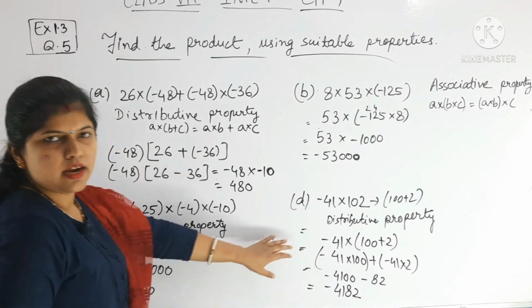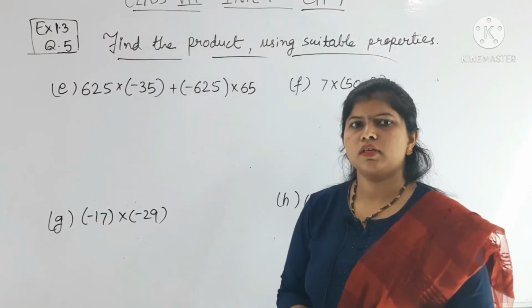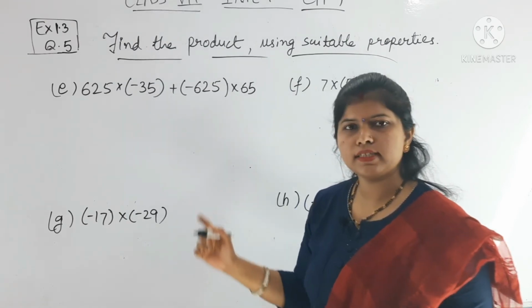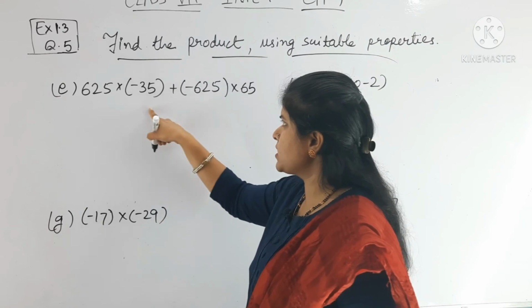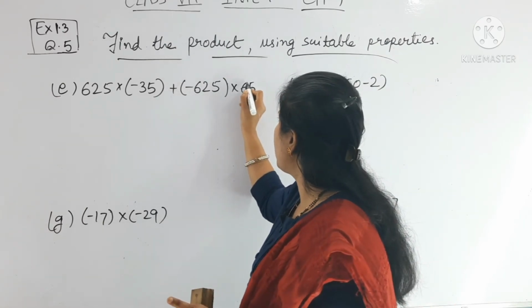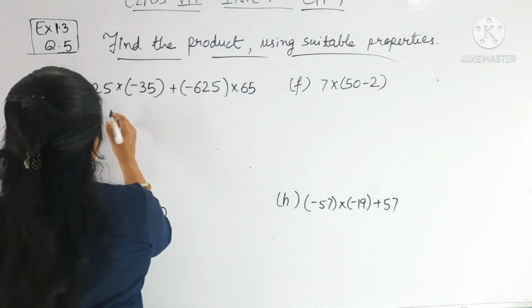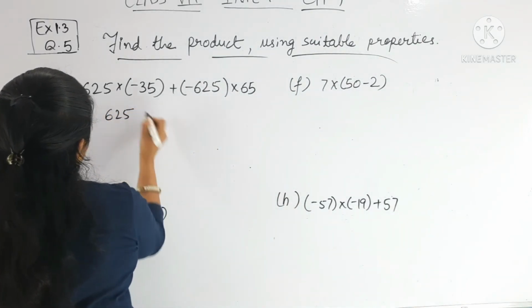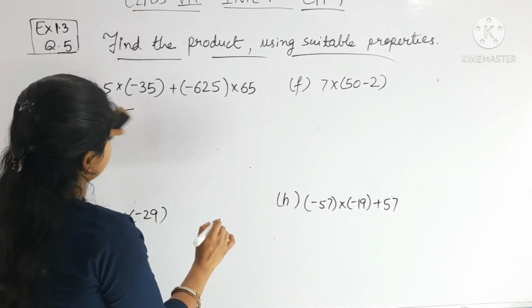So I had solved the D part. Now come to the next question, that is E part. What is the question? 625 into minus 35 plus minus 625 into 65. Okay, we know that from the distributive property, if we write 625 as a common, here is plus sign but here is minus sign.